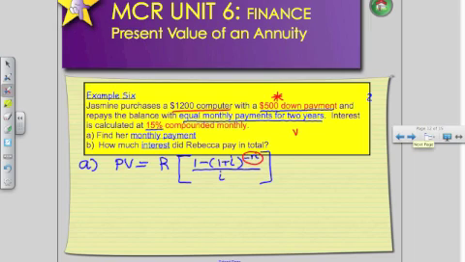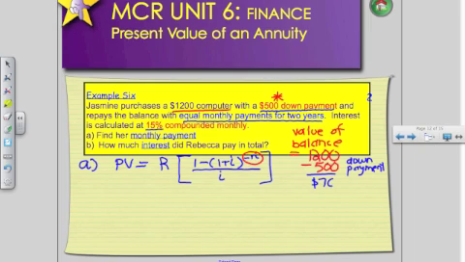So the actual value of the balance that we owe is $1,200 minus the $500 down payment, and that's going to be equal to $700.